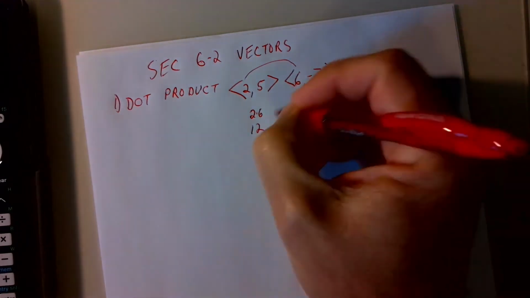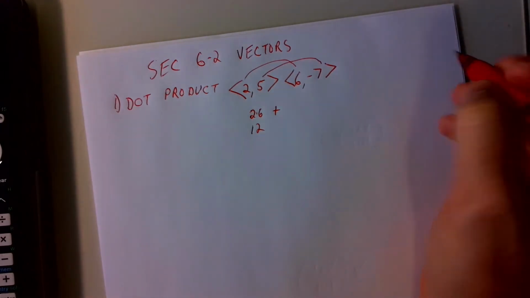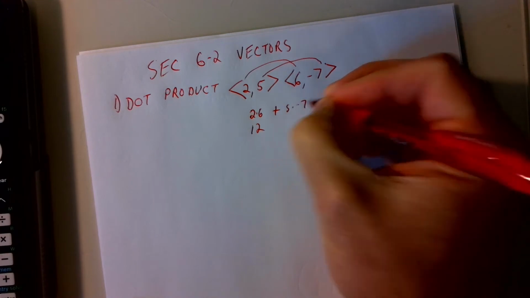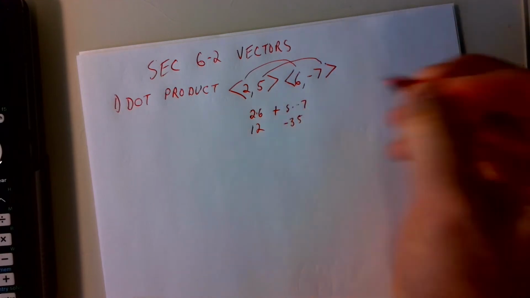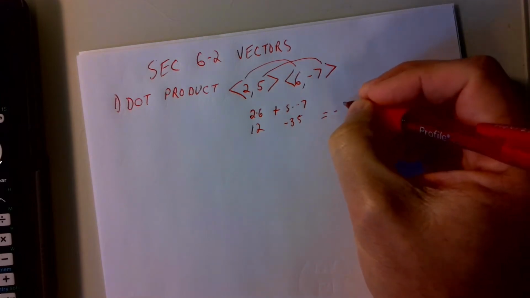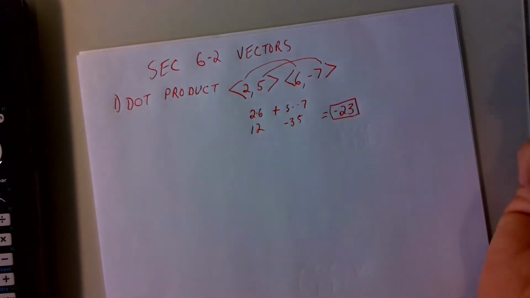Get your 12 there, and then you add the two parts right here. So 5 times negative 7, and that would be negative 35. And the dot product of these two things would equal negative 23.